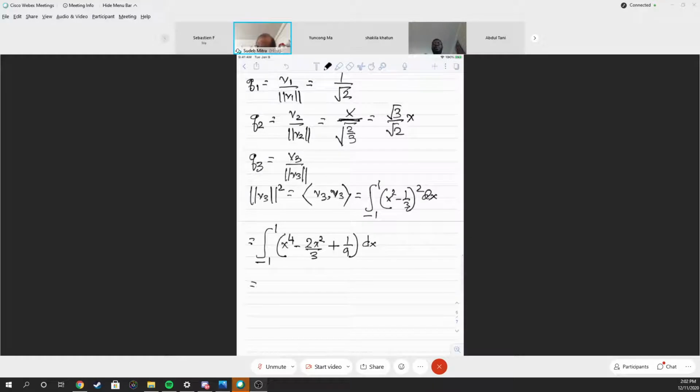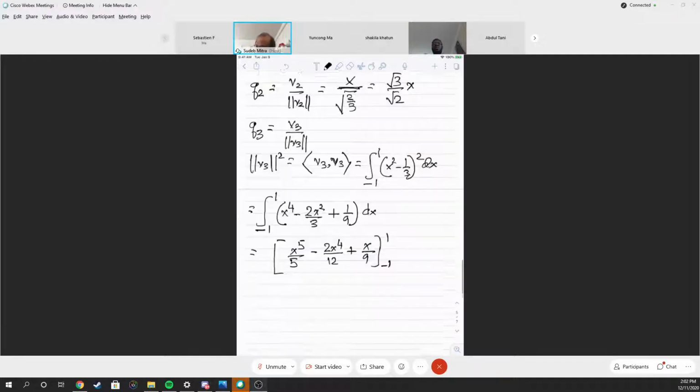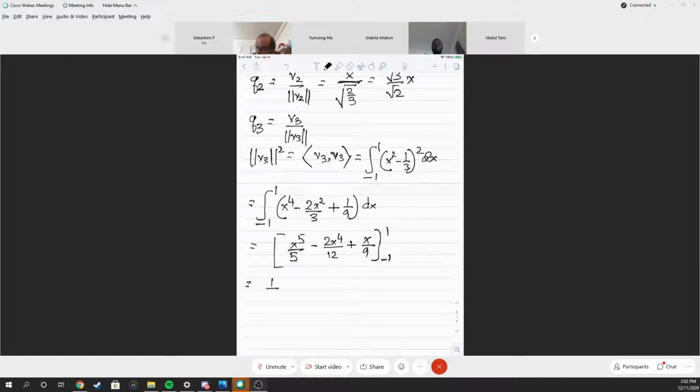That is x to the 5 by 5 minus 2x cubed upon 9 plus x upon 9. One upon 5 minus 1 upon 6 plus 1 upon 9 minus 1 upon 5.